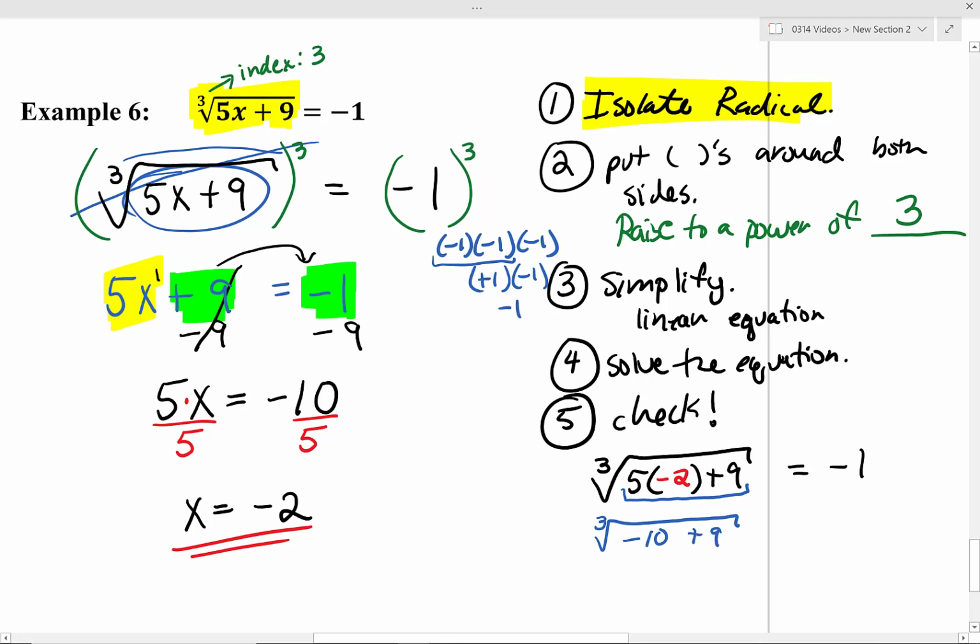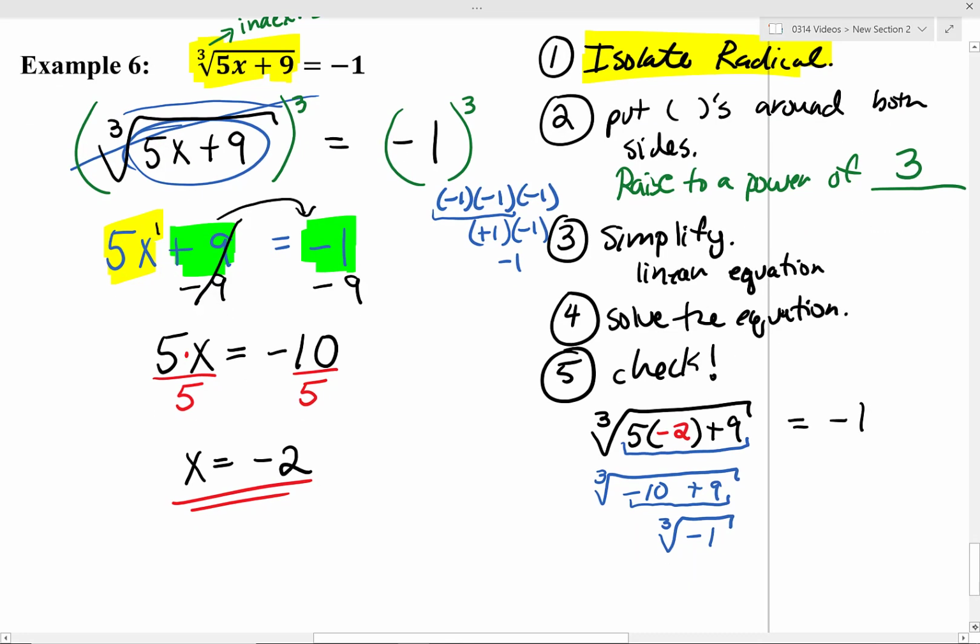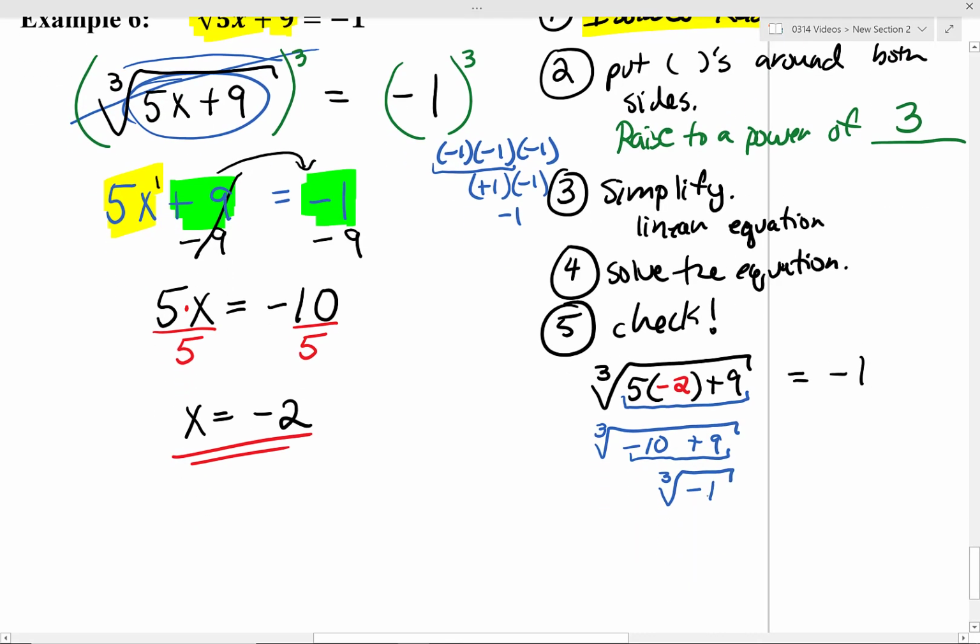Alright, we got to keep simplifying underneath that cube root. So bring down that cube root. And what is negative 10 plus 9? Negative 1. What's the cube root of negative 1? Now, you could do that in your calculator if you need to, but that's negative 1. Okay, we'll bring down the right-hand side. Alright, so negative 1 on the left equals negative 1 on the right.